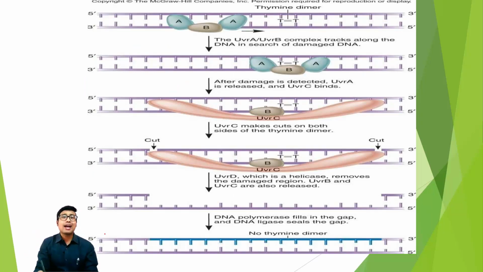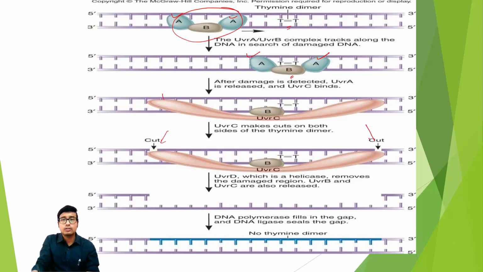Now let us look at the figure. As I told you, two UVRA and UVRB first form a complex, and it scans the DNA and identifies this site, a TT dimer. Once it is identified, these UVRA will be gone. After the UVRAs are gone, UVRC comes and creates a nick. It first attaches with UVRB, forms a new complex, and cuts these two regions.